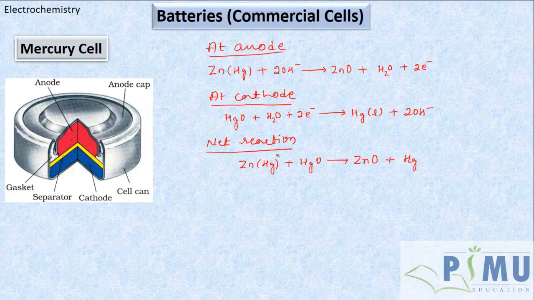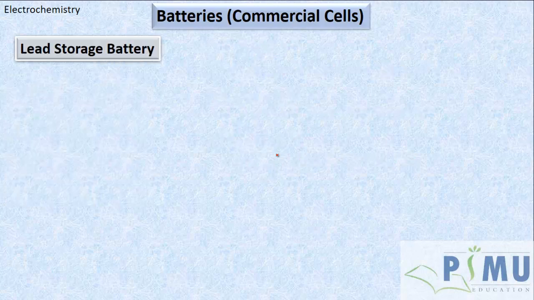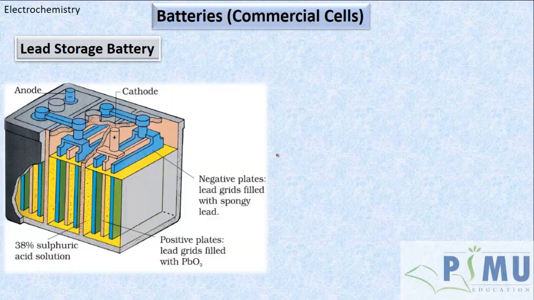Now let us study about secondary cells. Examples for secondary cells are lead storage battery and nickel cadmium storage cell. First, let us study about lead storage battery. Lead storage battery is mostly used in automobiles.